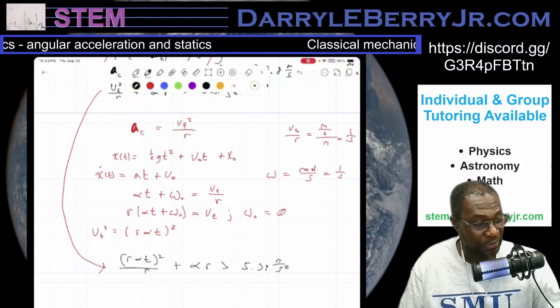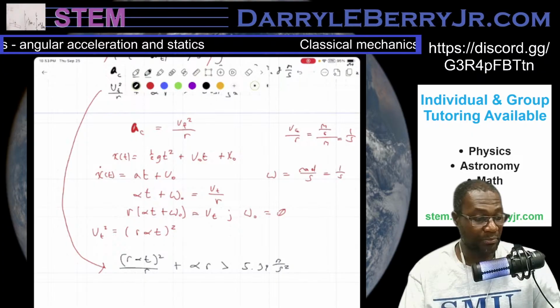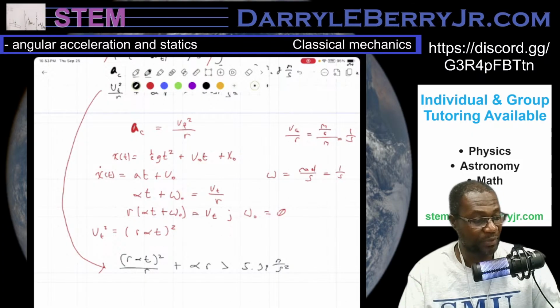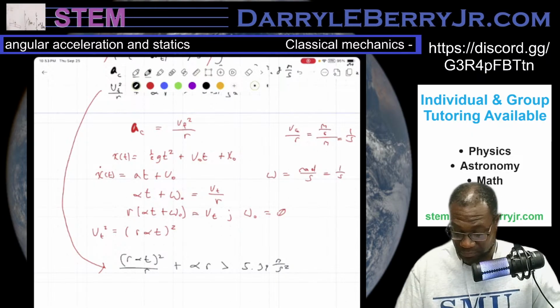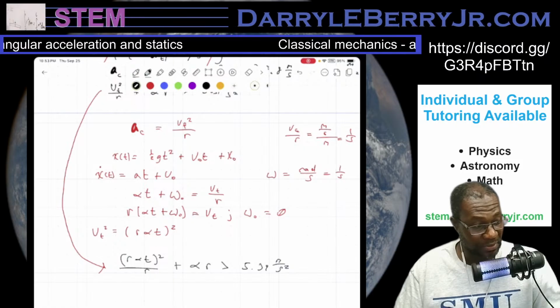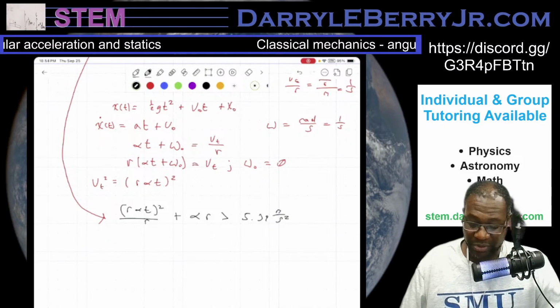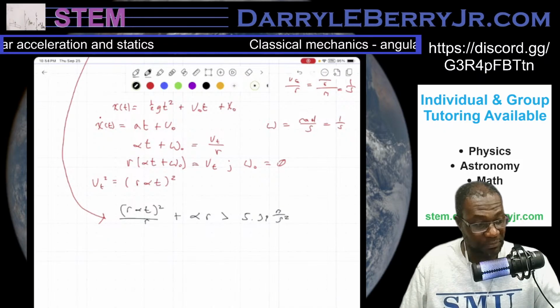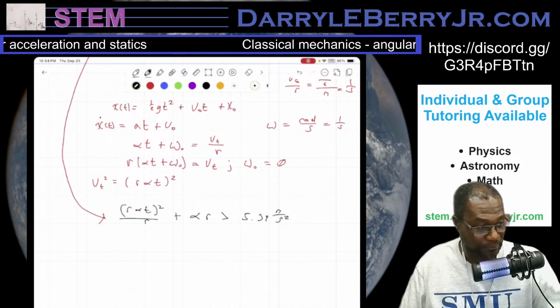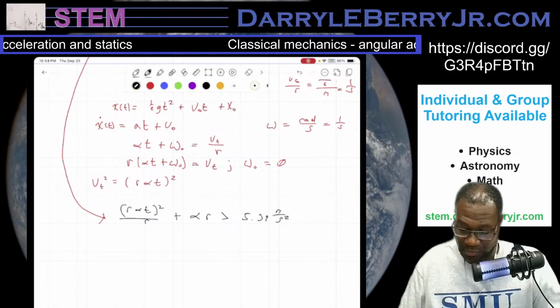And what I'll actually do is find out how much time must pass in order for this to happen. So how much time needs to pass for the acceleration that we have to be greater than the acceleration that we're looking for. Let me check and make sure I didn't miss anything.